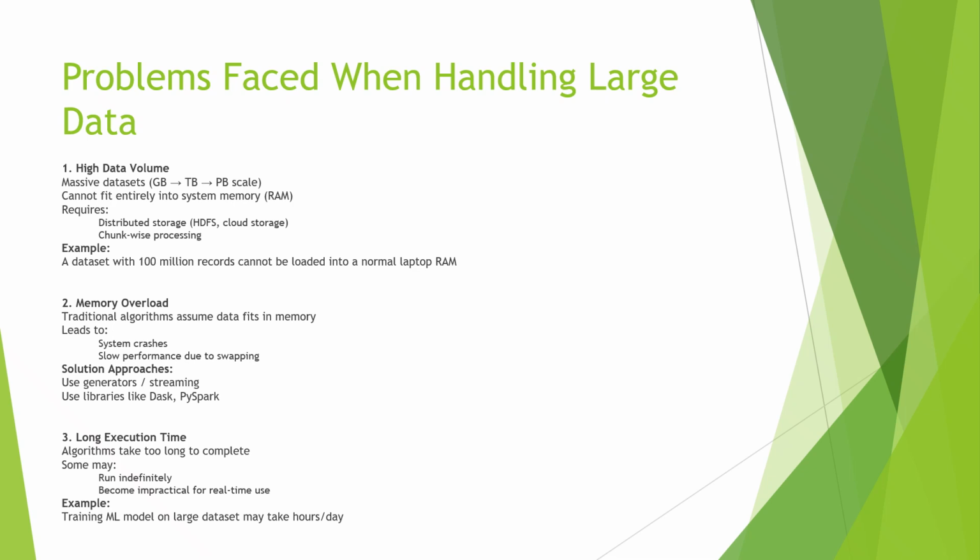For example, a dataset with 100 million records cannot be accommodated in the RAM of a typical laptop. Another critical challenge is memory overload, as many traditional algorithms assume that the entire dataset can fit into memory. When this assumption fails, it may result in system crashes or degraded performance due to excessive swapping between memory and disk. To handle this, approaches like data streaming, generators, and tools such as Dask and PySpark are commonly used.